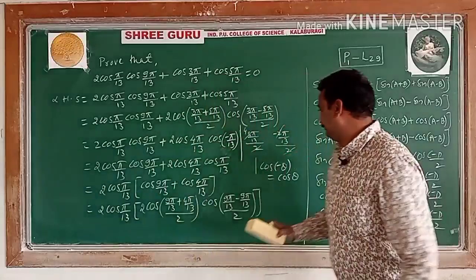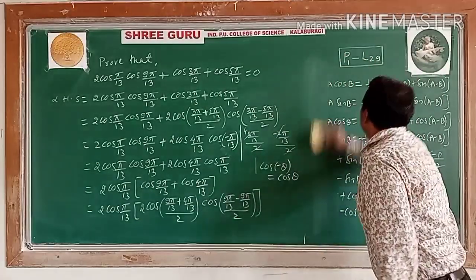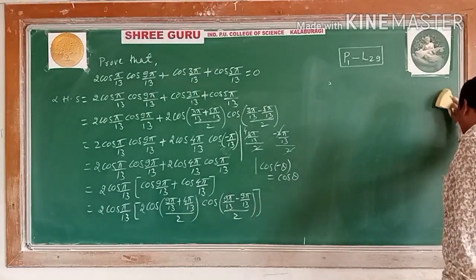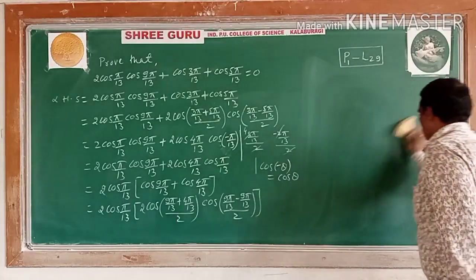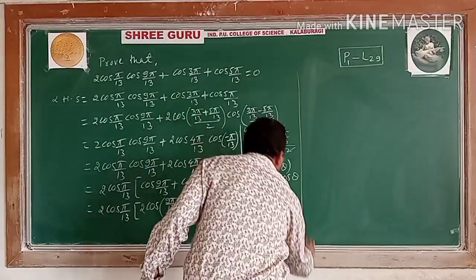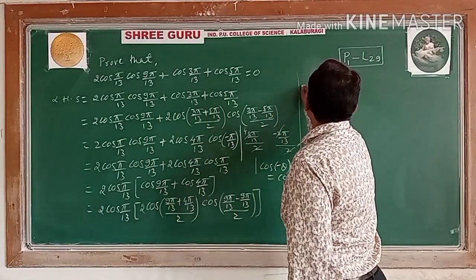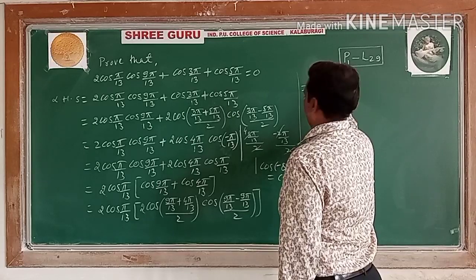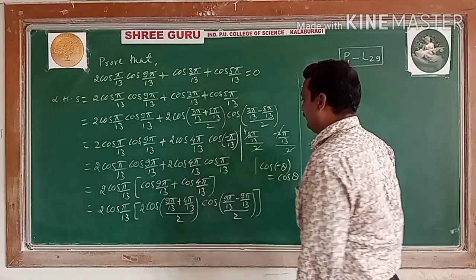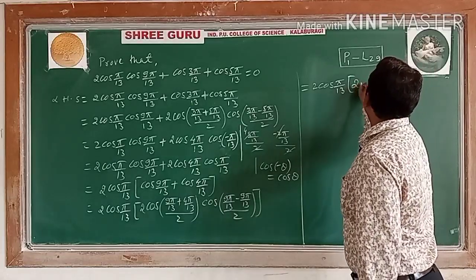I will remove this one, friends. These formulas you know very well. Yes. Let us see. It is equal to 2 cos pi by 13. Simplify this one here.